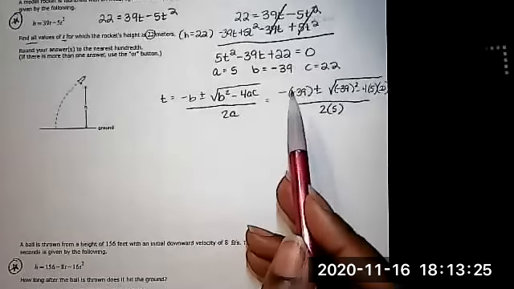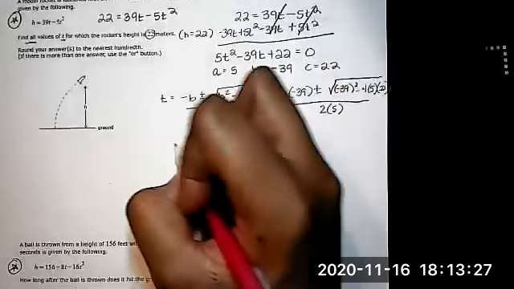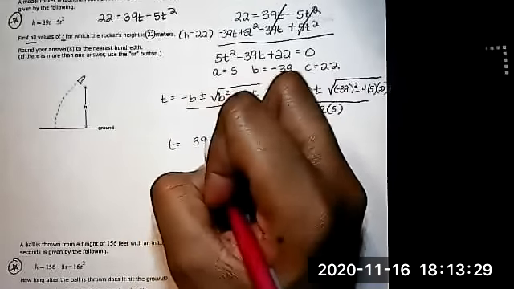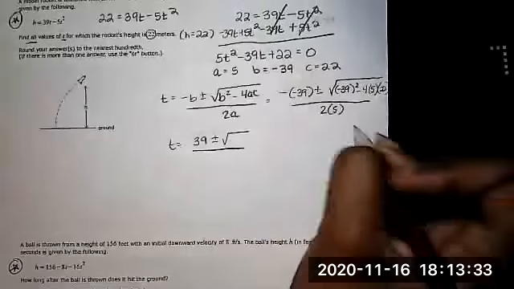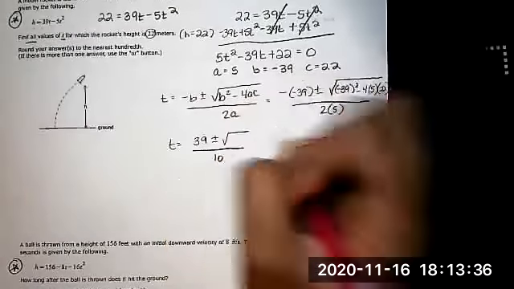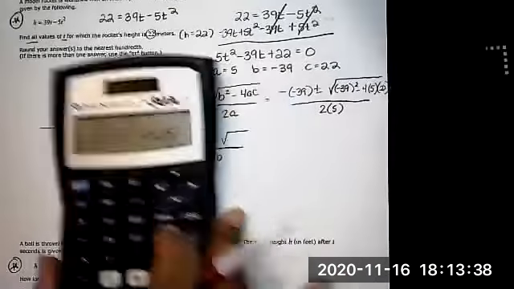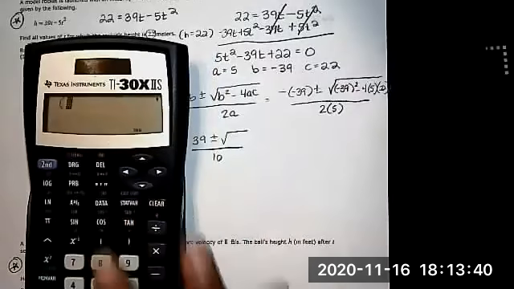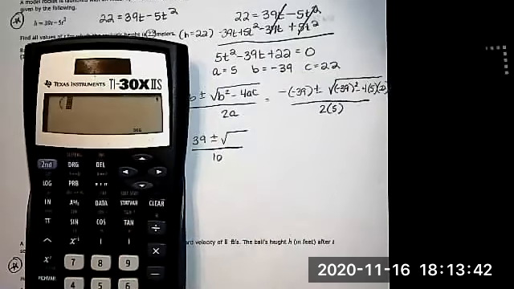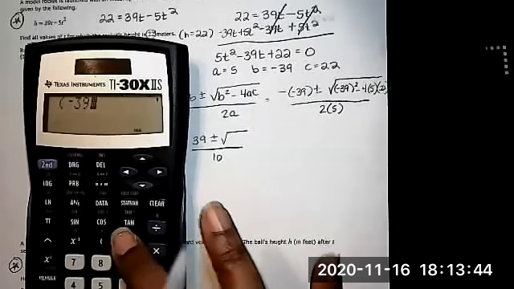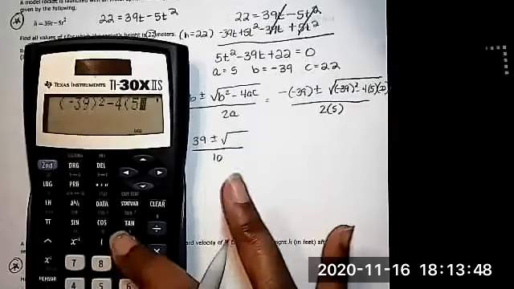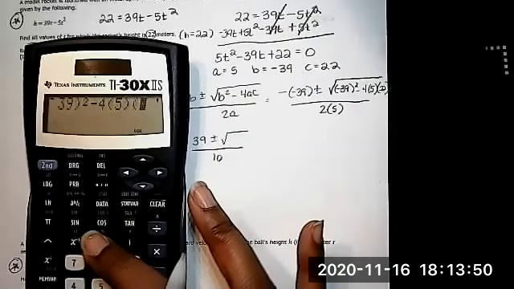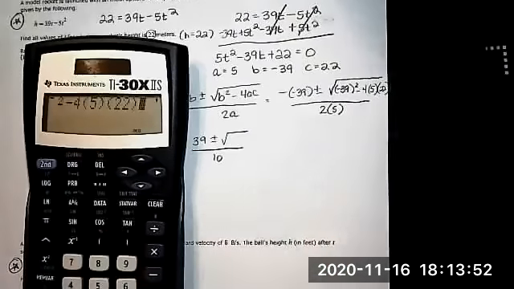So now, of course, negative and negative 39 becomes positive 39. Plus or minus, I'm going to get a single number there, and it's over 2 times 5, which is 10. Okay, let's do that in our calculator, get that single number. It's going to be negative 39 squared minus 4 times 5 times 22. Okay, and we'll get an answer for that.